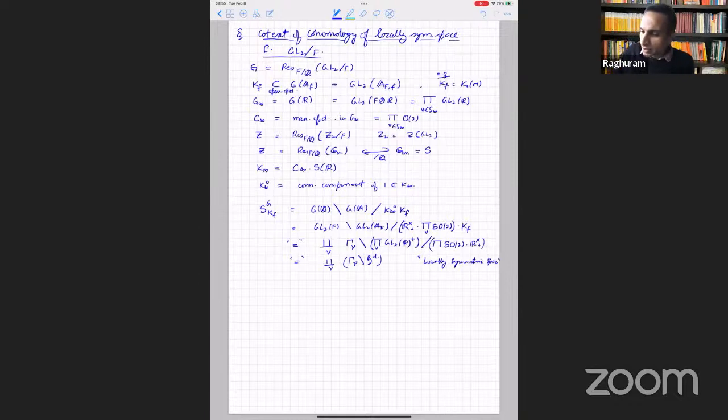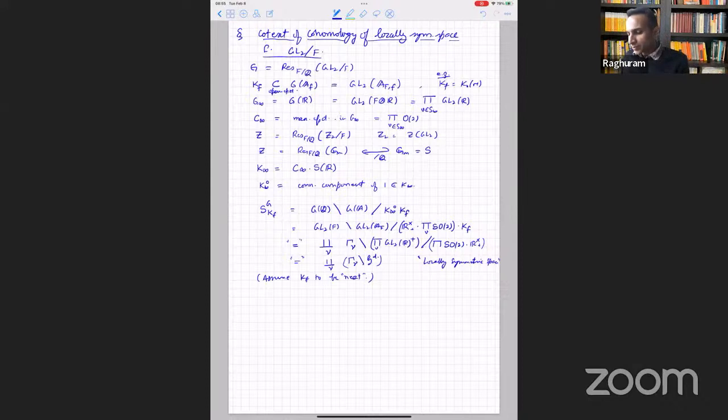Sometimes people call such a thing neat, so I'm going to assume K_F to be neat. I just gave you the definition: neat means all the relevant discrete subgroups gamma nu don't have torsion elements.